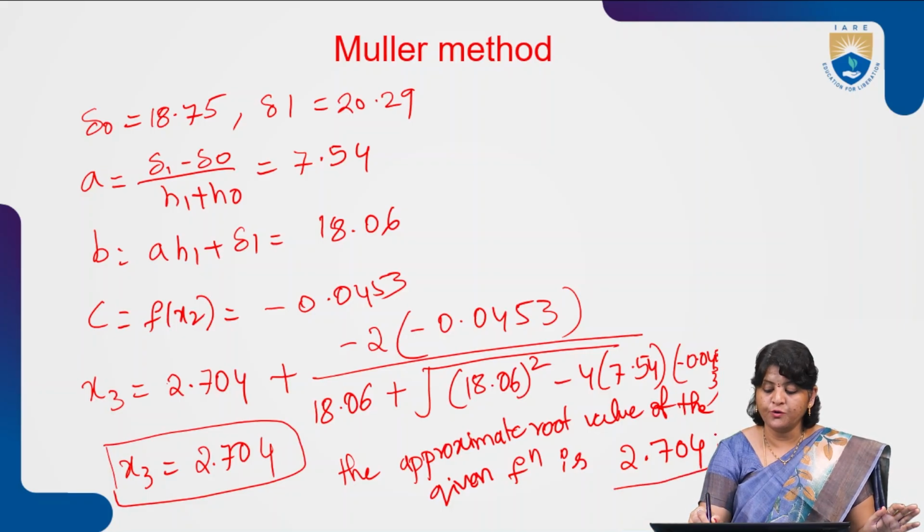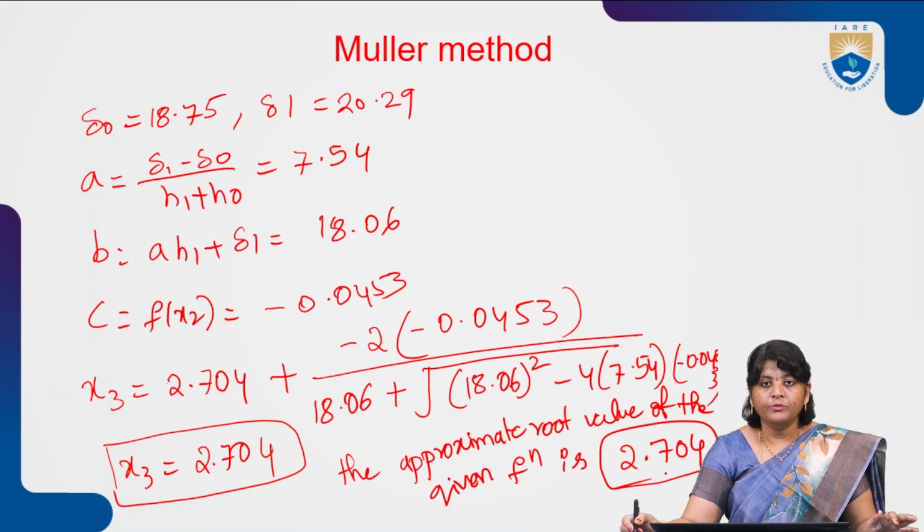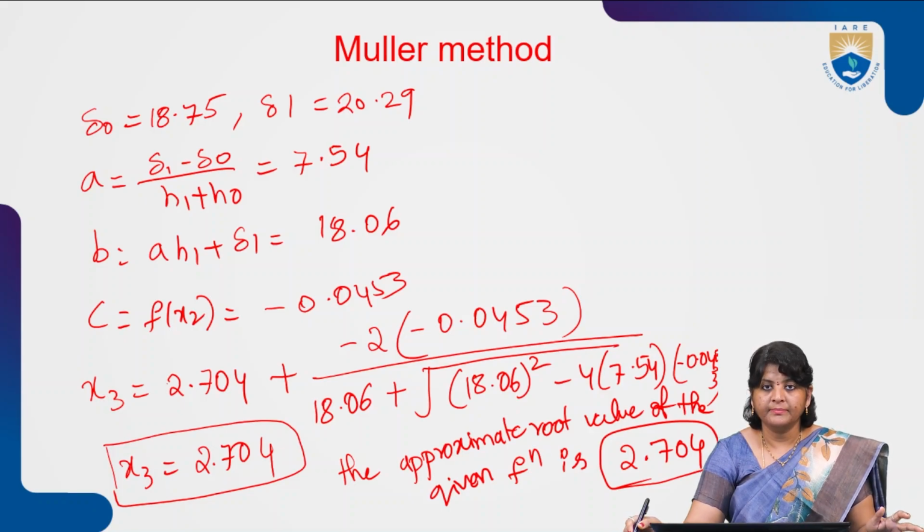So 2.704 is the root value for the given polynomial by using Muller's method.